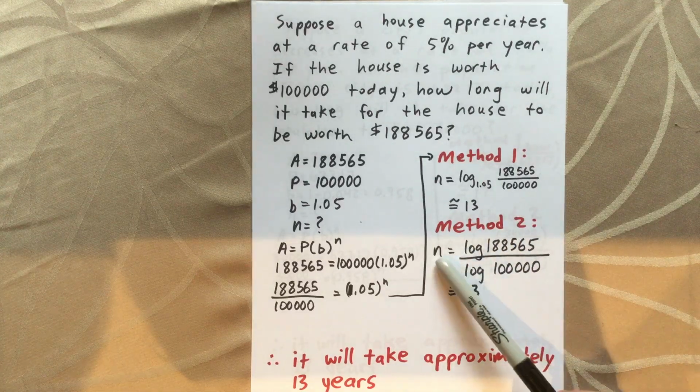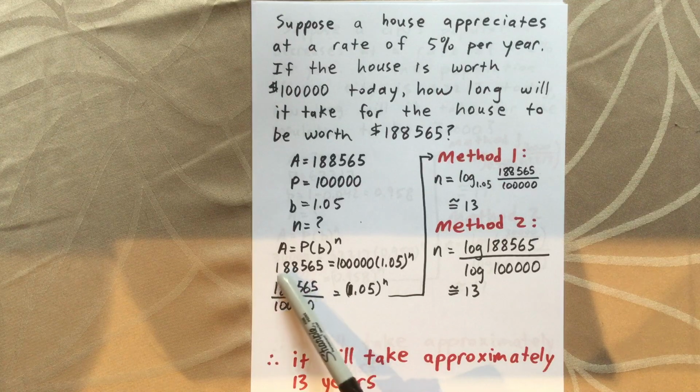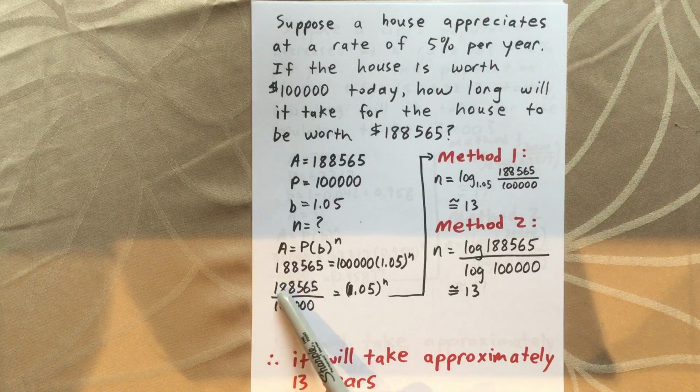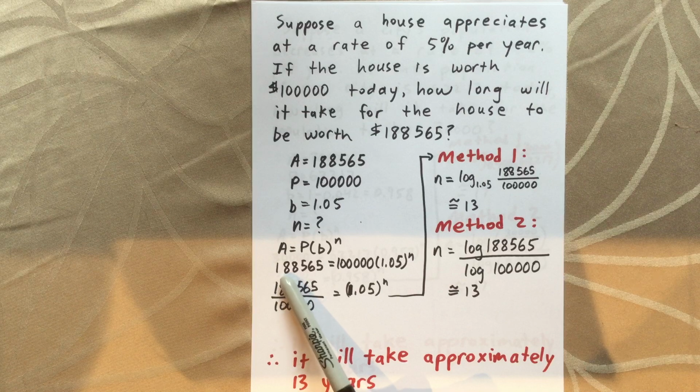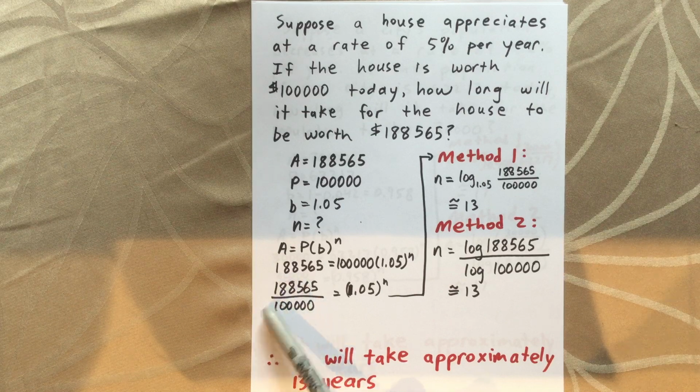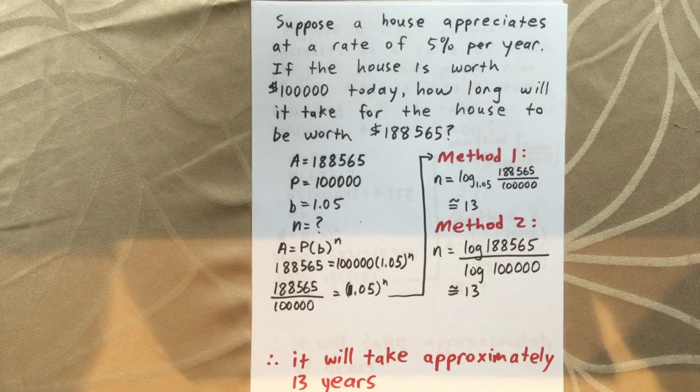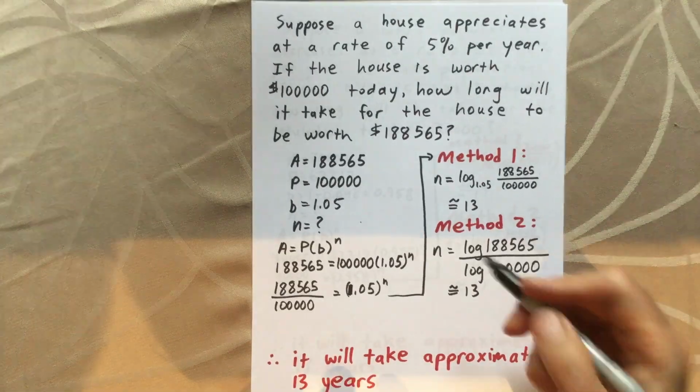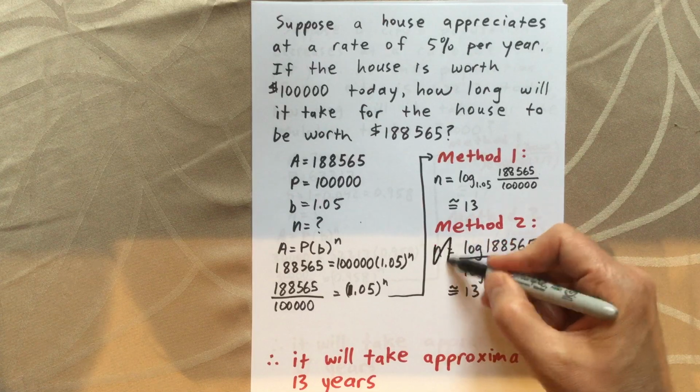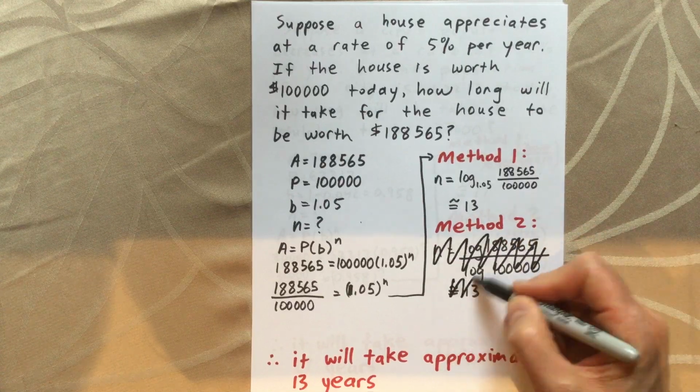In method 2, you say N would be the log of 188, right here it is. Actually, I wrote this incorrectly. My apologies.